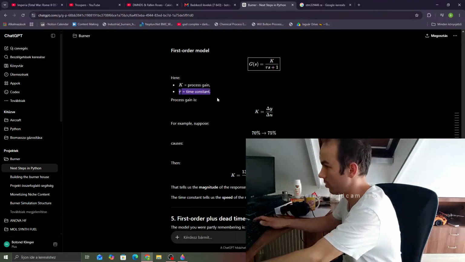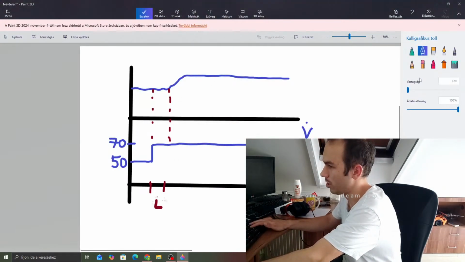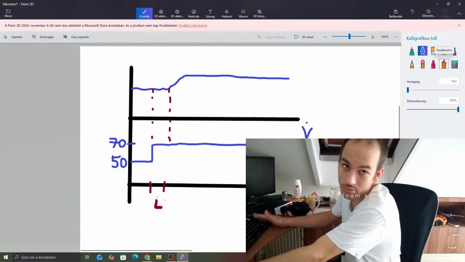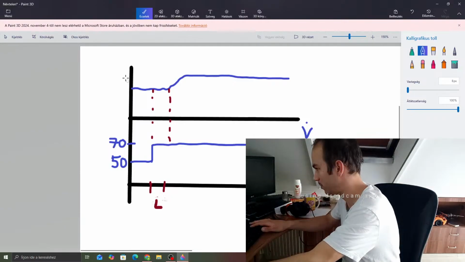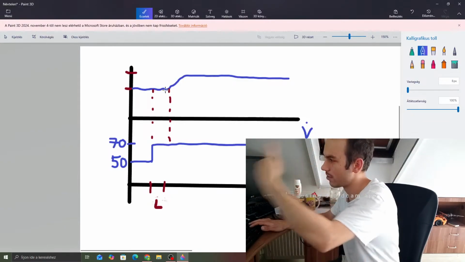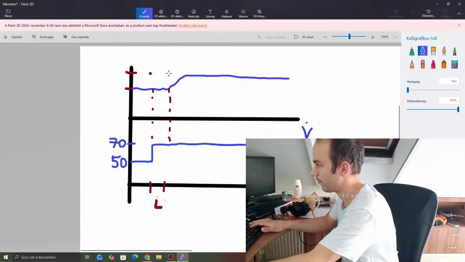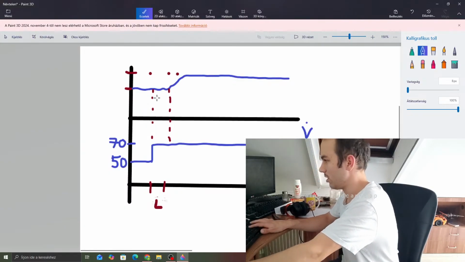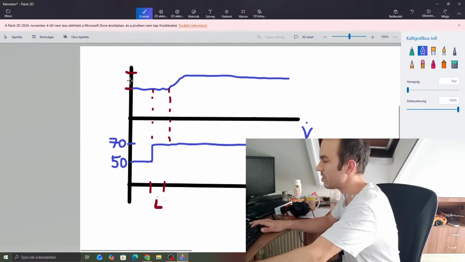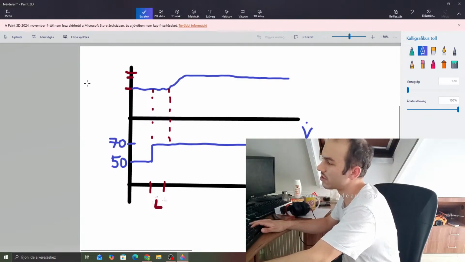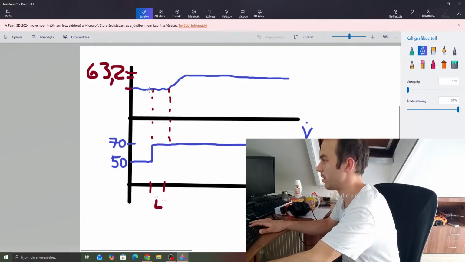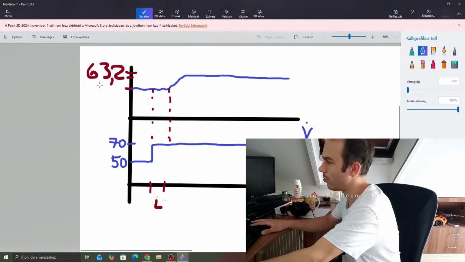Now the time constant. So basically, we have the baseline and we go to 63 point something percent of the step, 63.2% I think, of the given amount.